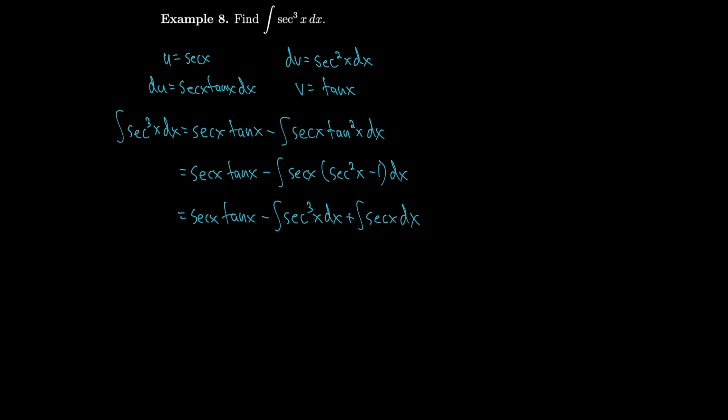So let's see, now we have to figure out what the integral of secant was, which we haven't done yet. So how about we do that off to the side? Let's get the integral of secant. Well, because I already know what the integral is, I know that I can multiply by secant plus tangent on top and secant plus tangent on the bottom, and that'll help me work it out.